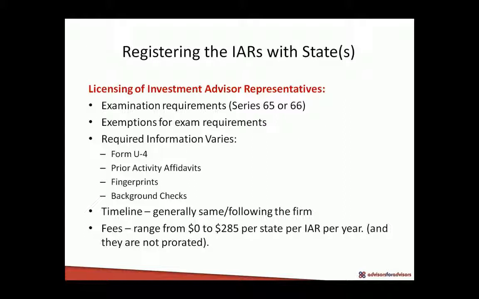Again, each state is going to vary in the information that they require from you, from fingerprints to balance sheets to background checks and other information. And a quick tidbit, depending on what geographic region you're in, and what state, the fees are going to range from 0 to $285 per investment advisor rep per year. And again, they're not prorated.